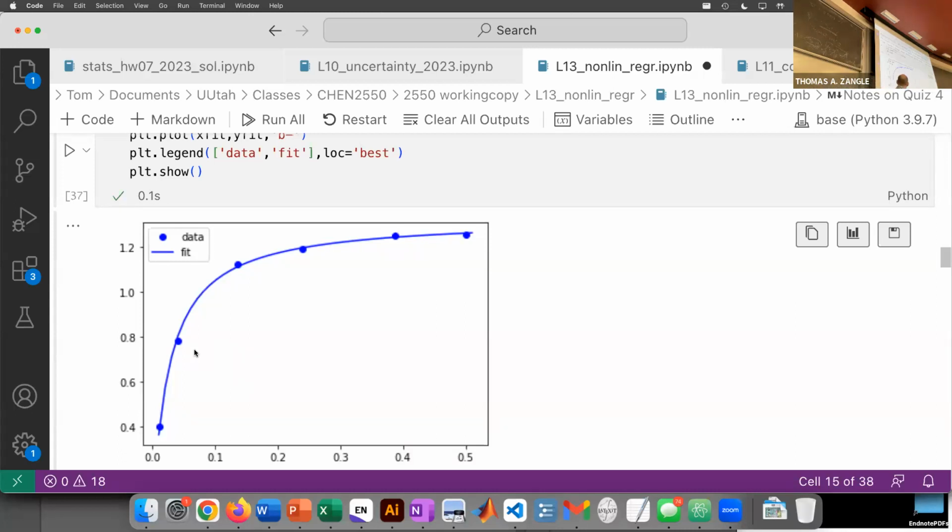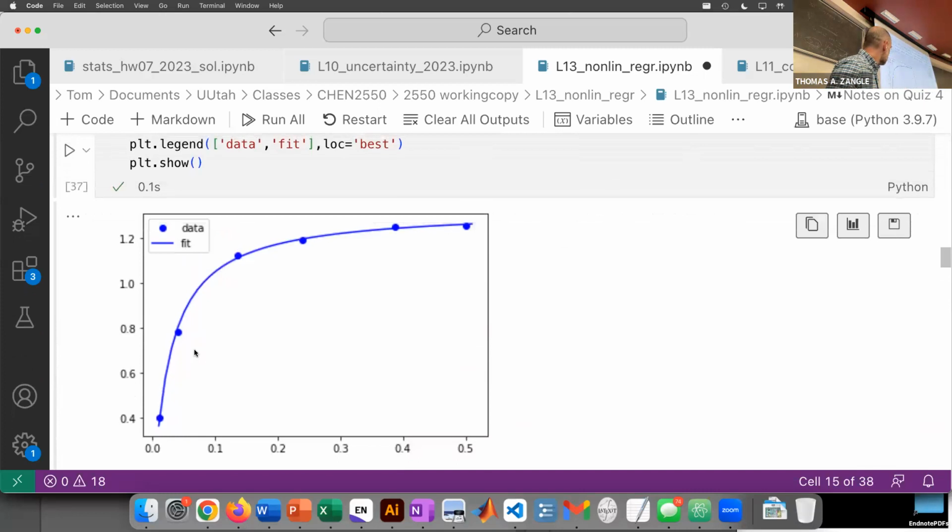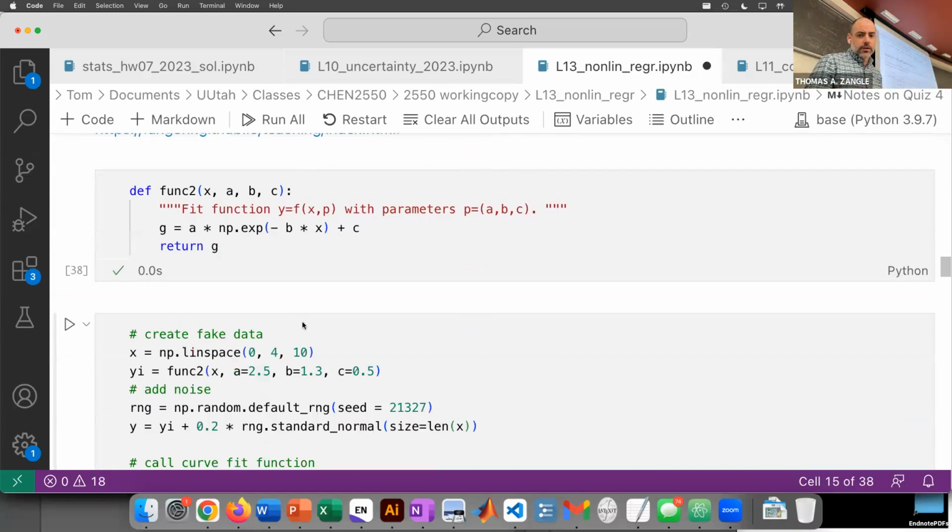You notice here that I'm not displaying it with connecting lines in between the data set, because those are kind of distracting. I'm just displaying the data points themselves, and then the model that I think describes those data points. Okay, so that's a working example of how we do nonlinear regression.